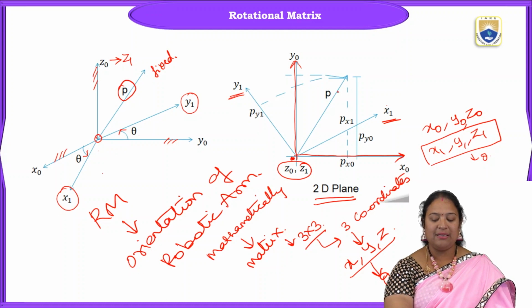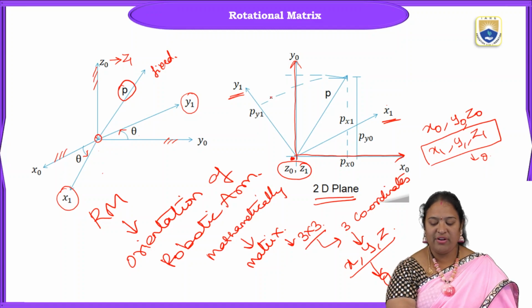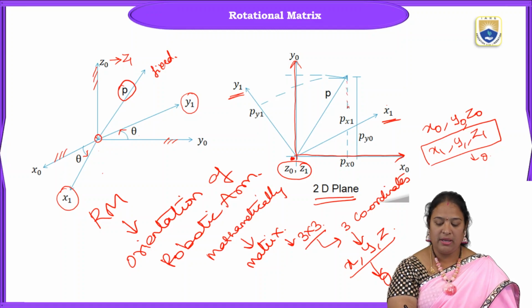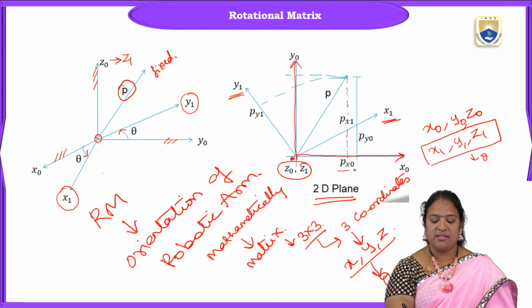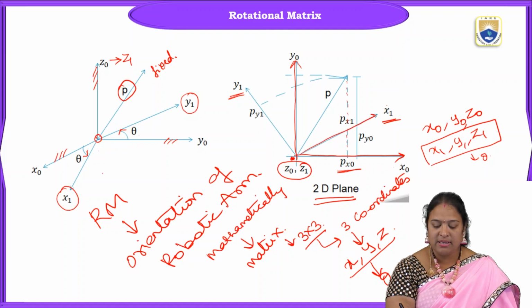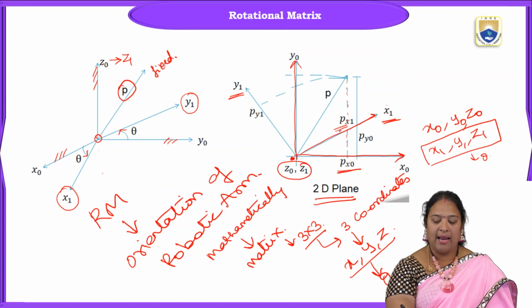Now, how is this particular vector P denoted then? When we draw a perpendicular from point P onto the x-axis, it gives us the representation of px0 on the x0 axis and px1 on the x1 axis.